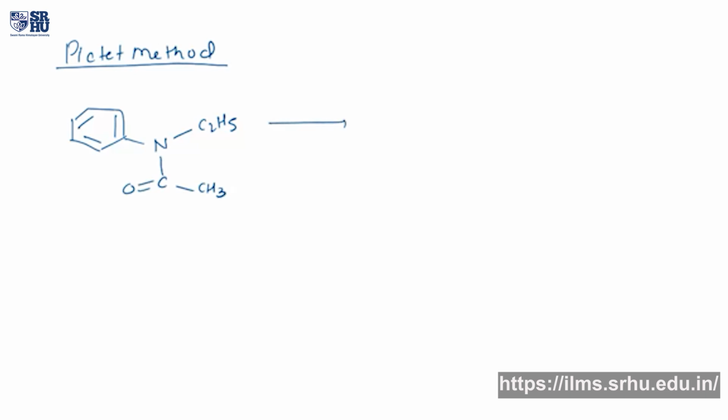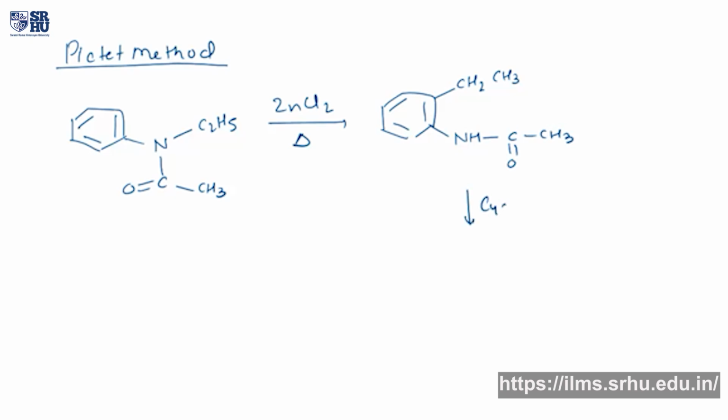We then react it with zinc chloride as a catalyst, and we see that a shift of C2H5 happens. That would be a kind of electrophilic substitution reaction, and alkyl group is shifted to the benzene ring. Followed by the cyclization process, we get 2-methyl quinoline.